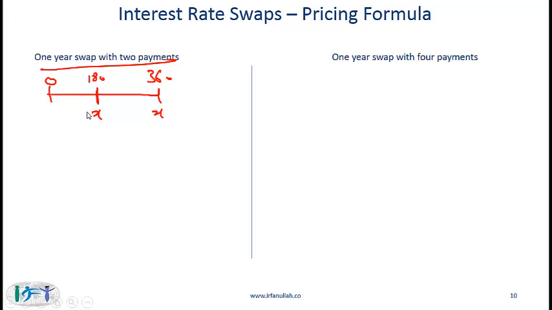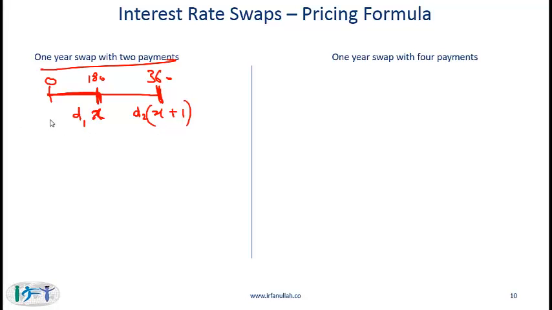So here is what we are saying. We know that we need to calculate X. That's the fixed payment at the end of 180 days. And then at the end of the swap, you get the coupon payment X plus 1. We've also calculated the discount factor. So let us just say that the first discount factor is D1, and then the second discount factor is D2.